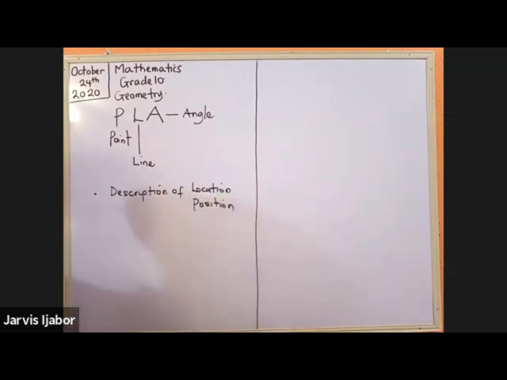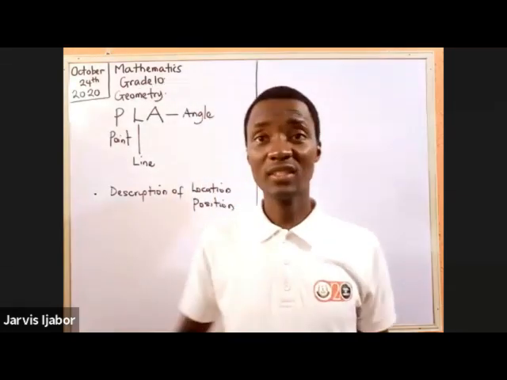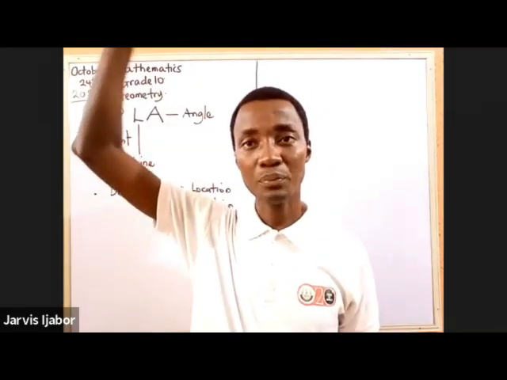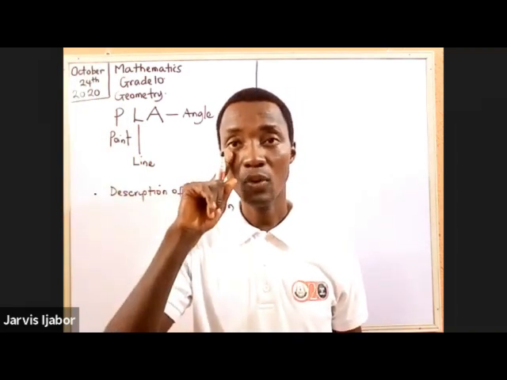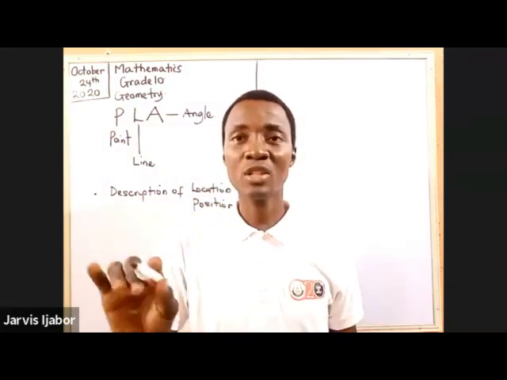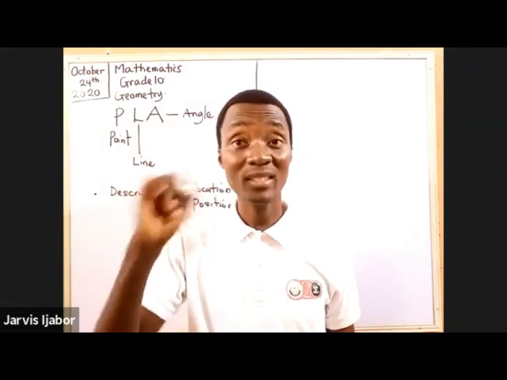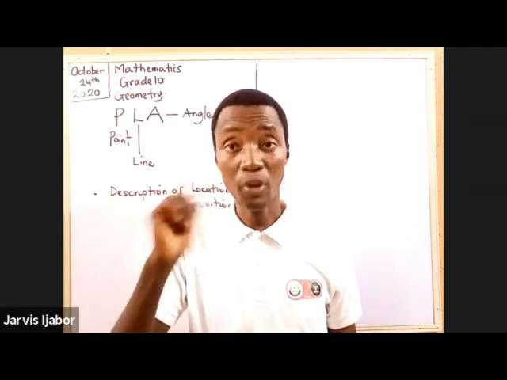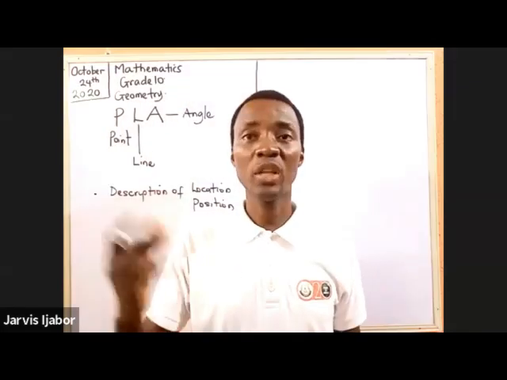So that's what a point is. If I tell you point to the sky, your hand goes up. Point at your eye, your hand goes to your eye. So it is a description of location or position. Where is that thing being talked about? You point to that. So a description of location or position is what we call a point.